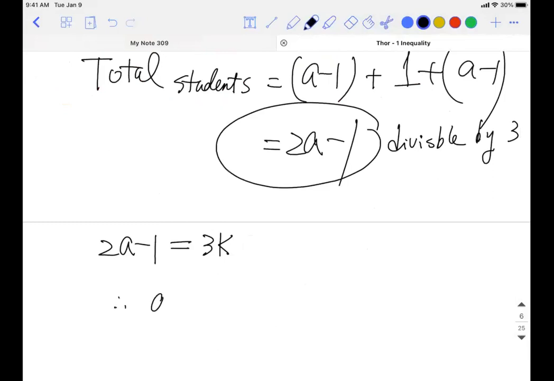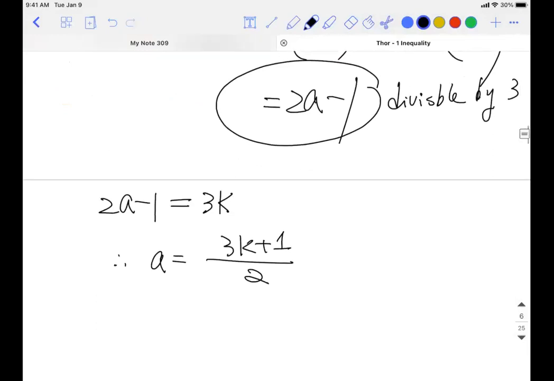So therefore, A will be what? 3K plus 1, divided by 2. I just want to see how this A looks like. I'm going to do a very quick thing. This is not magic, but I think you can figure it out fairly quickly.